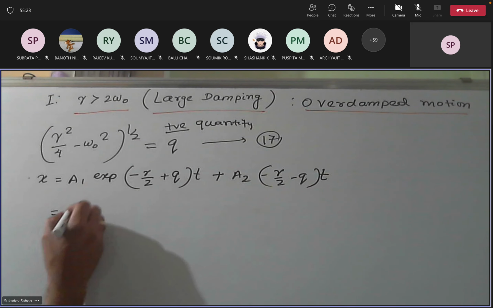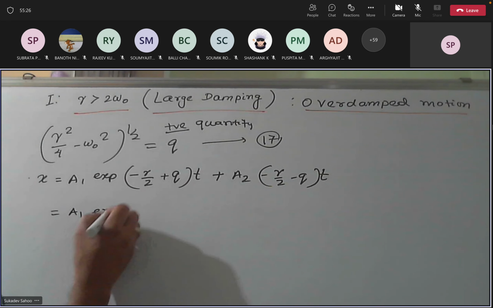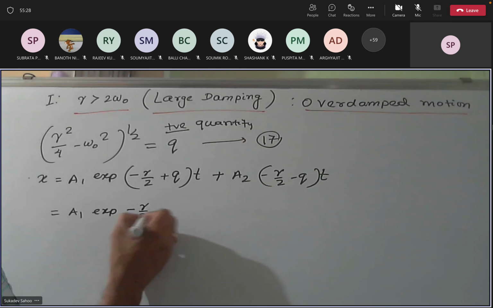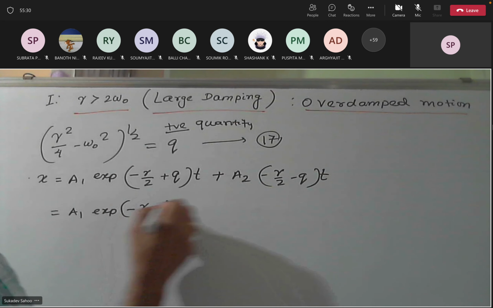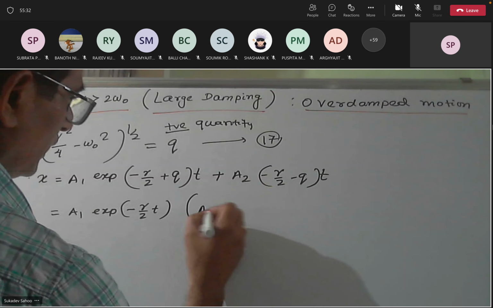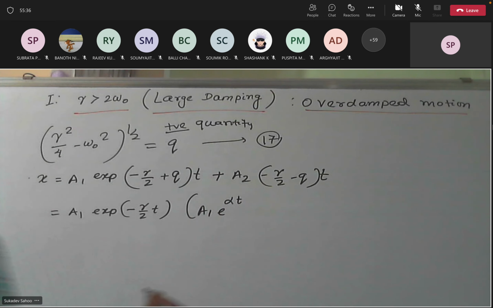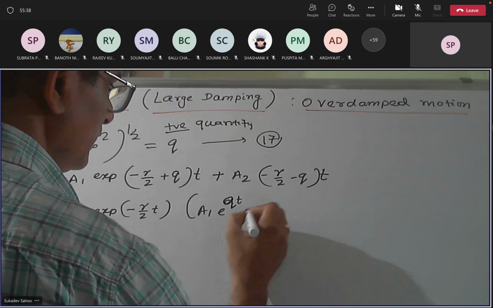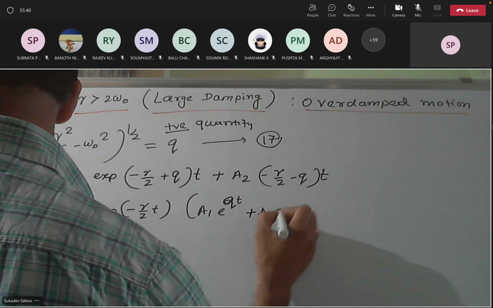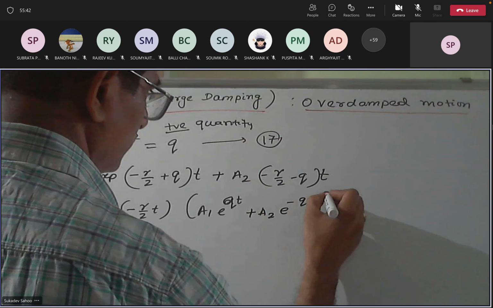So we can write exponential minus gamma t by 2 into A1 e to the power qt plus A2 e to the power minus qt.